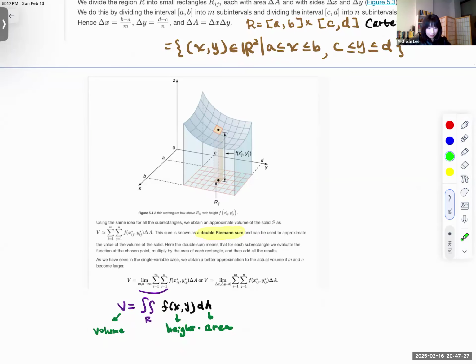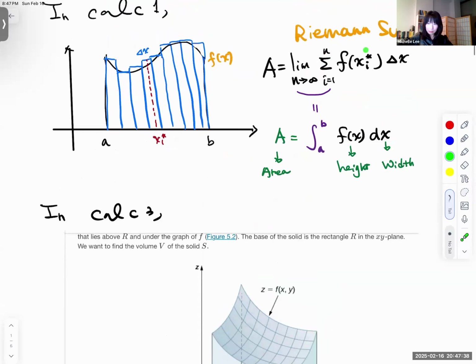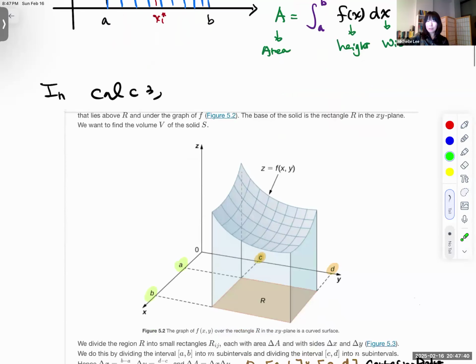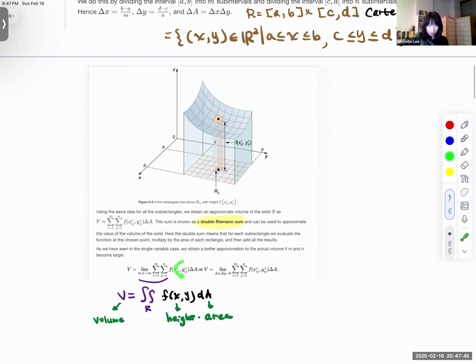We have the function like earlier, f of x, but in this case we have two variables, x and y. Then we use two summations, m for x and m for y.